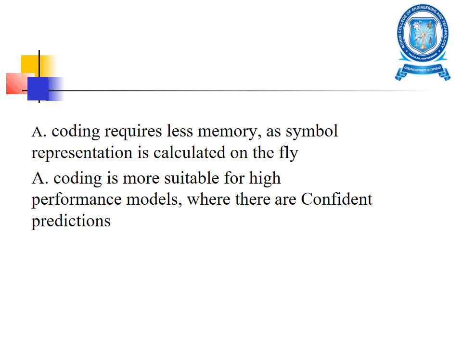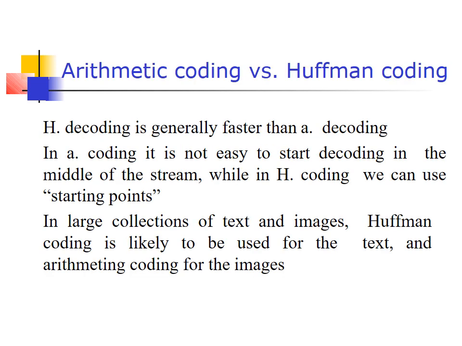So we are replacing the 4 bits with a single alphabetical symbol. Next, coding is more suitable for a high performance model where there are confident predictions. Next, encoding is faster than decoding.